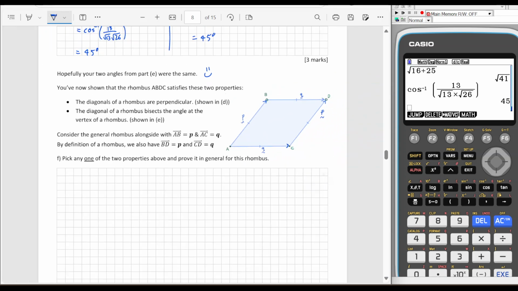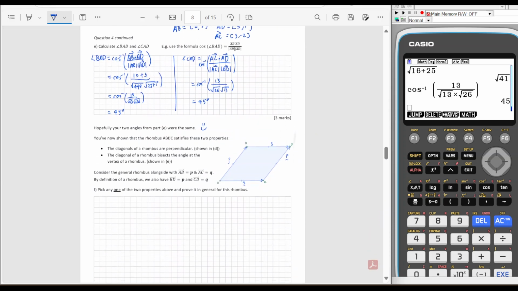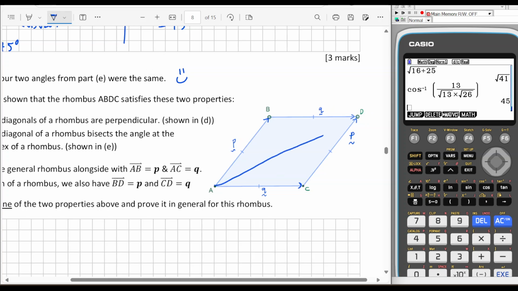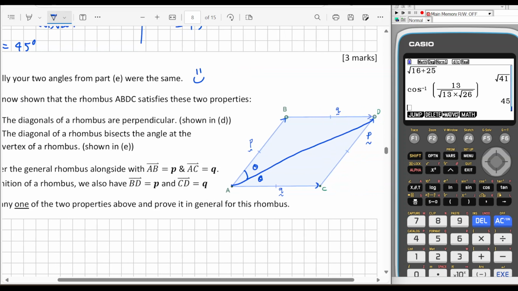Now, we've basically shown two properties of the rhombus. So I'll draw it on this diagram here. One property that we've shown just in that very last bit is that if you take a diagonal, these two angles are the same. So that's this one here, the diagonal bisects the angle. And then the other one we've shown is that if you take your two diagonals, then they're at right angles to each other.